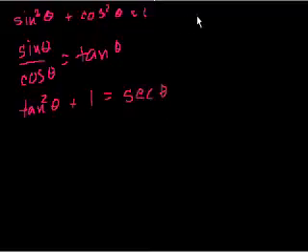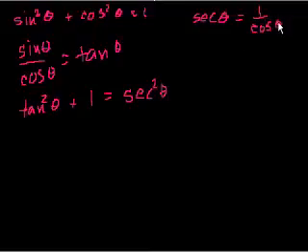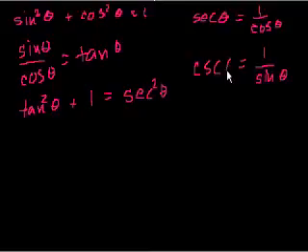And here let me actually write this definition down. The secant of theta is just 1 over cosine of theta. And this is something you really should just memorize. The secant is 1 over cosine. And if you're wondering what 1 over sine of theta is, it's the cosecant, which the abbreviation is CSC of theta.